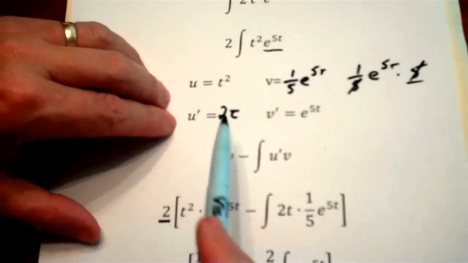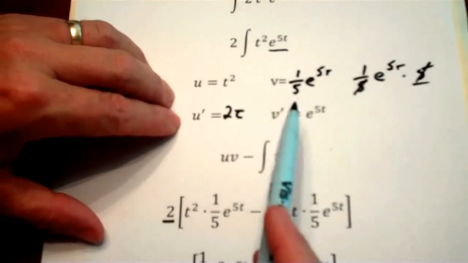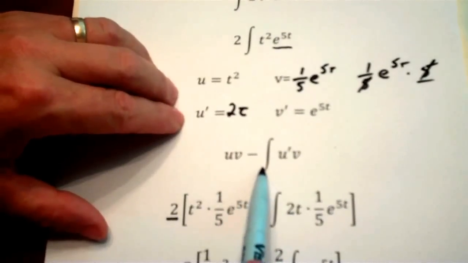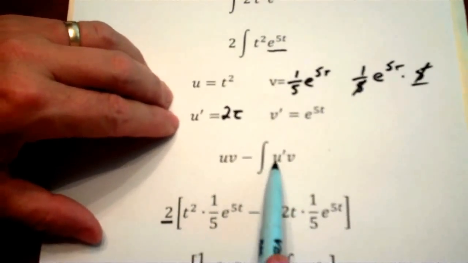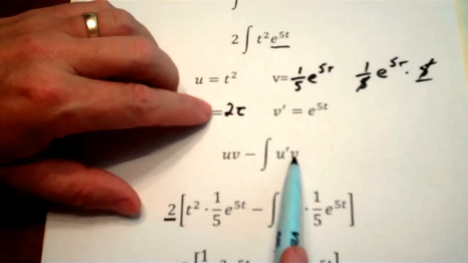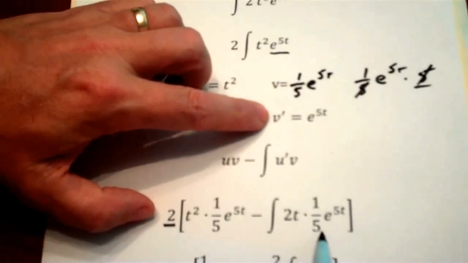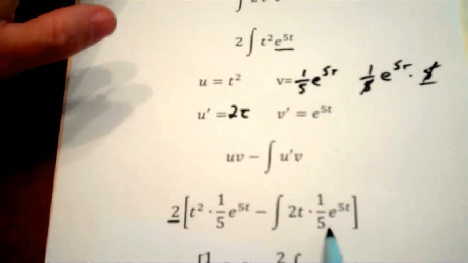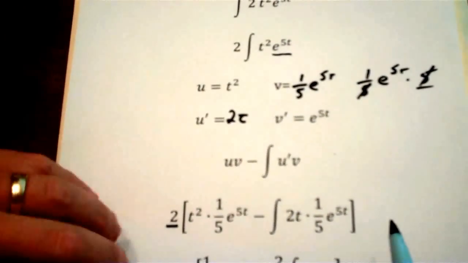U was t squared, and my v was 1/5 e to the 5t, minus my integral of my u prime, which was my 2t, times my v, which was my 1/5 e to the 5t. Now I can definitely neaten these up a little bit.